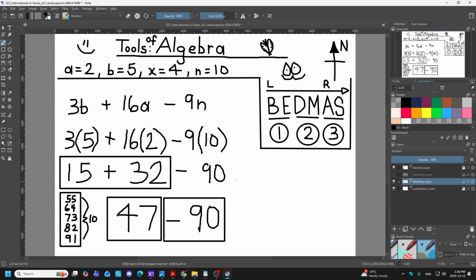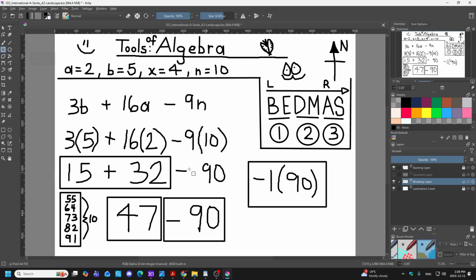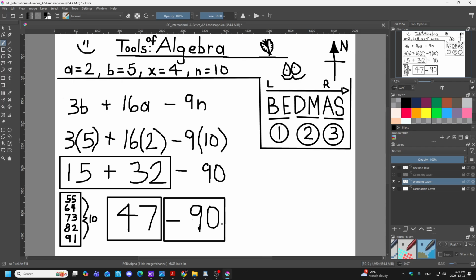Right? Remember, it's the same thing. Negative 1 times 90. This is the reason why this 90, this whole number 90, owns that negative. Okay, it's a subtraction, but it's also a negative. All right? So again, I'm going to look at value, not the sign, but the value.